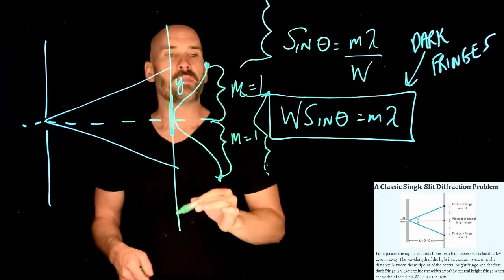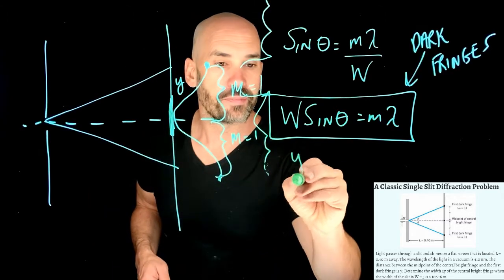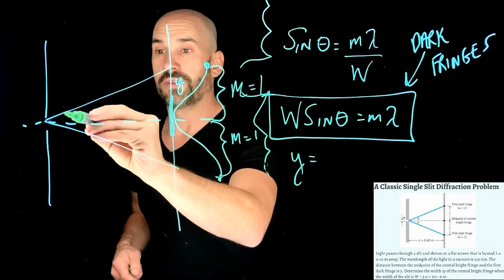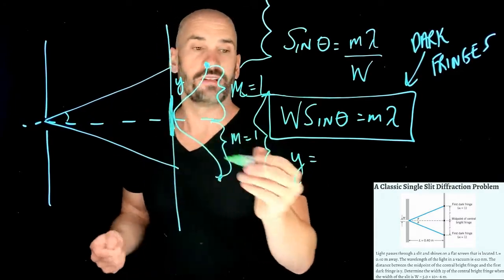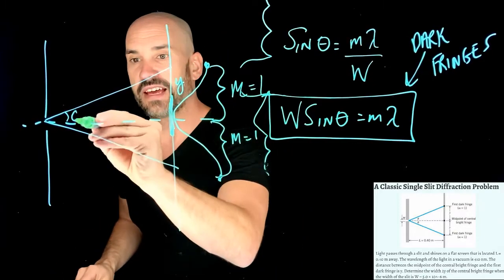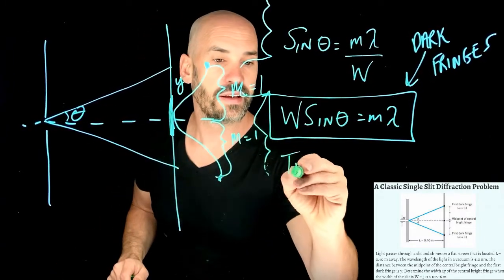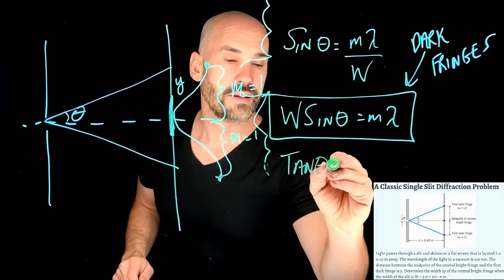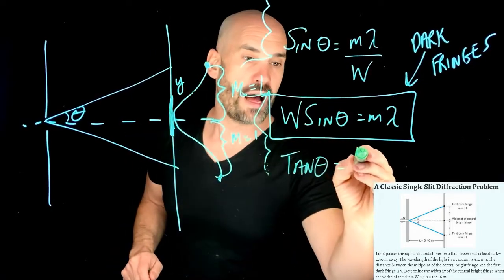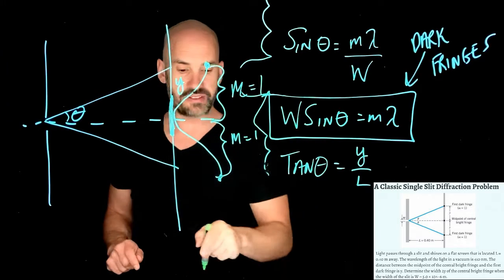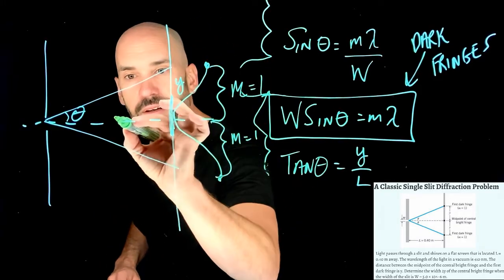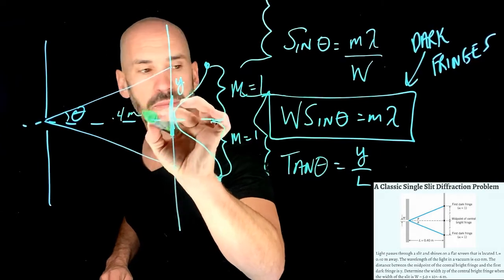Okay? But remember, y is equal to, well, I should probably just use the trig identity. So if this is theta, tan of theta equals opposite over adjacent. So that's y over L. We know what L is. L is 0.4 meters in this case. So I'll just write that in right here, 0.4 meters.